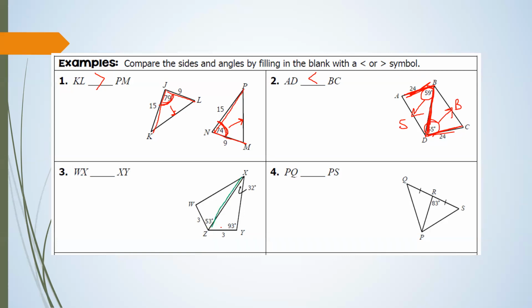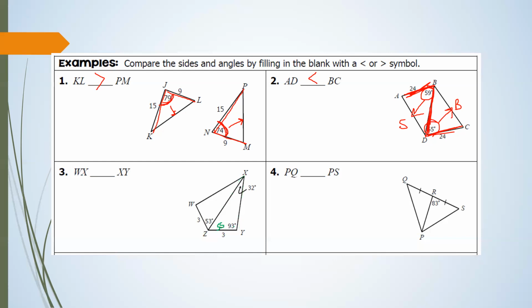Well, I see in this triangle 2 of the angles. So I'm going to do 180 minus 93 minus 32, and when I do that, I get 55. So this is really the angle that we are looking at.